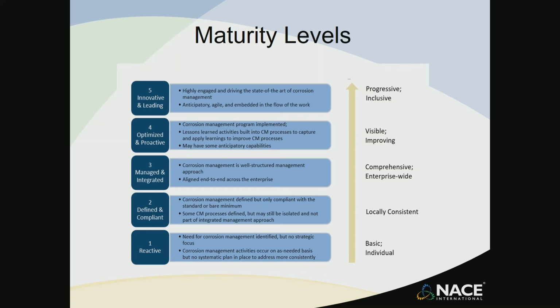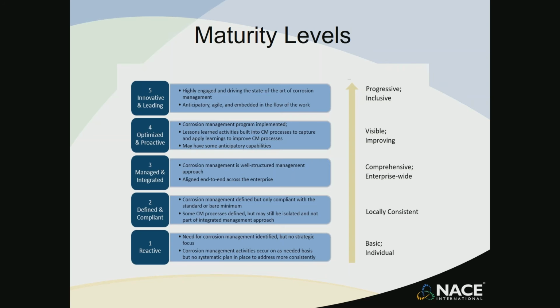It's generally an individual thing, and it's very reactive. As you move up the maturity level, it goes from individual to locally consistent, where local means a particular geographic area or a particular operating unit.